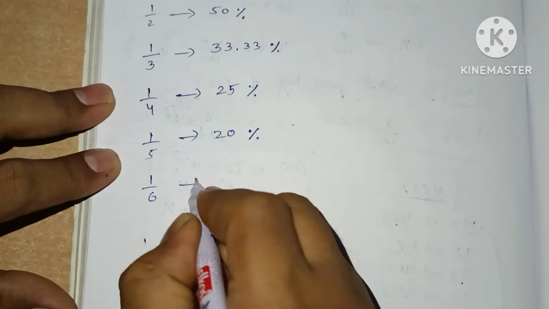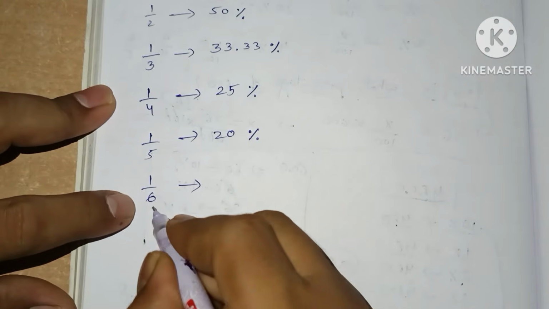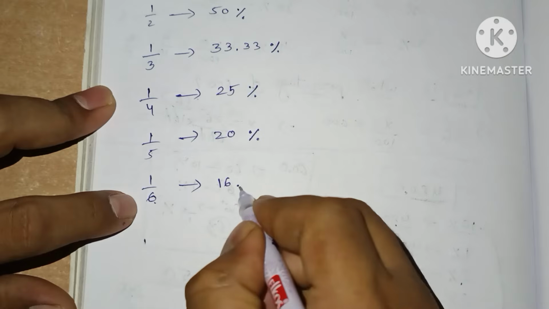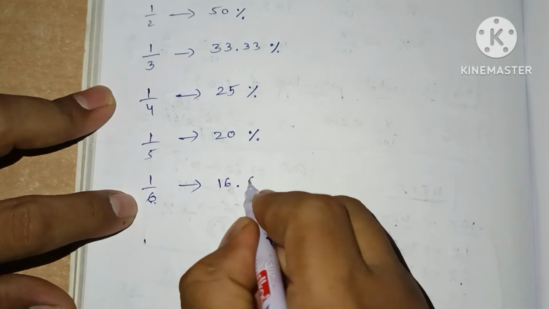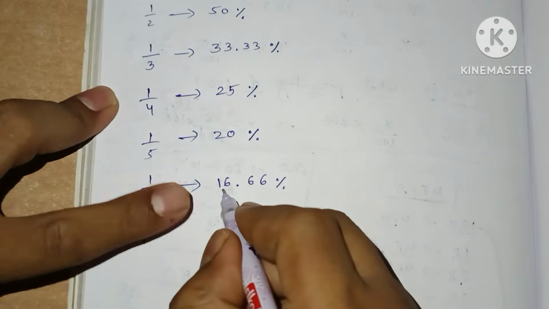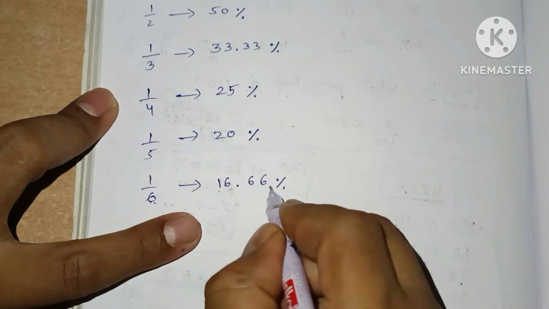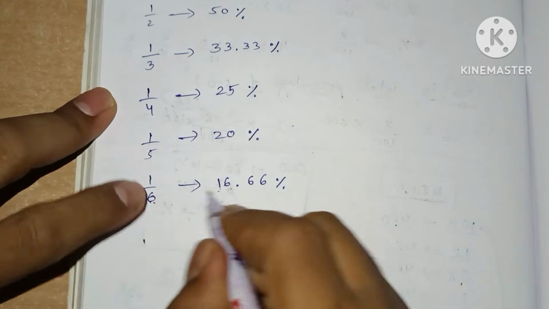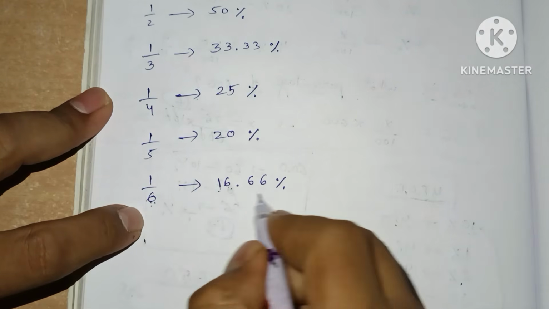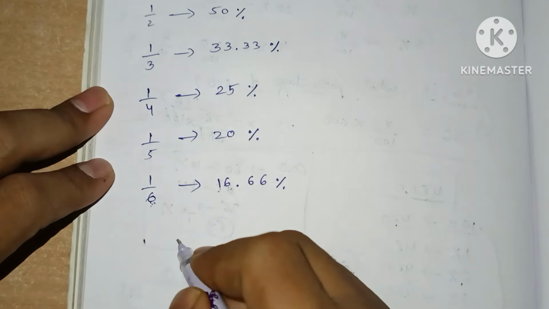1/6. How do I remember the 1/6 value? If I see 16.66, I place 1 on the top and 6 on the bottom. This is how I remember this fraction to percentage value.